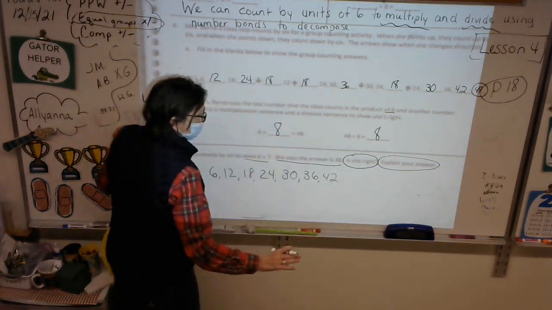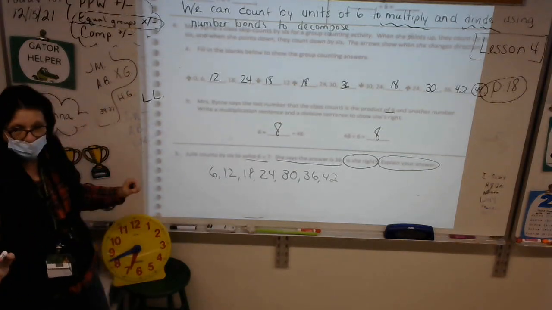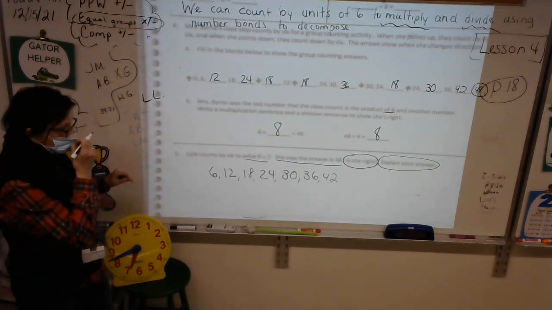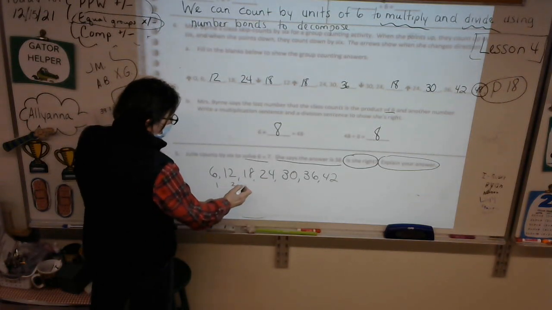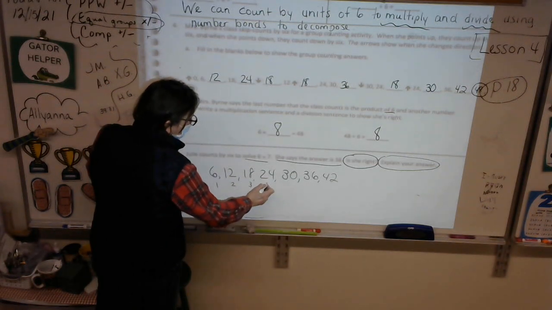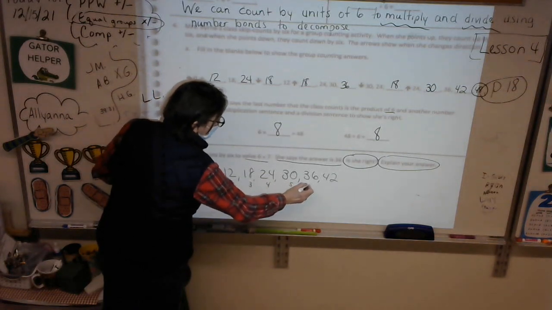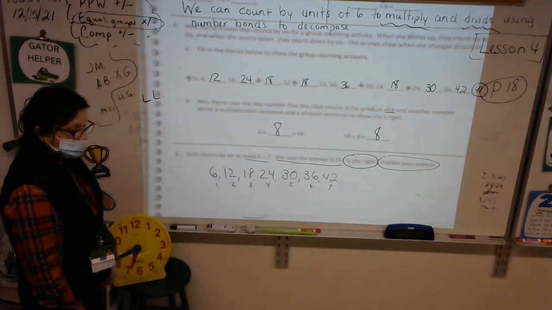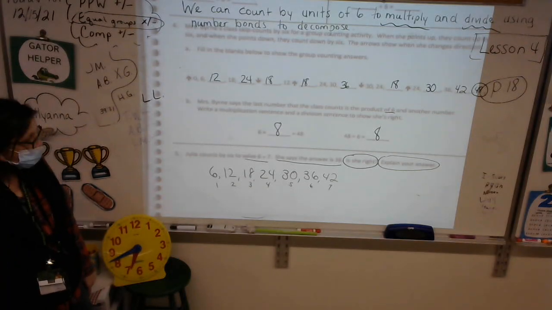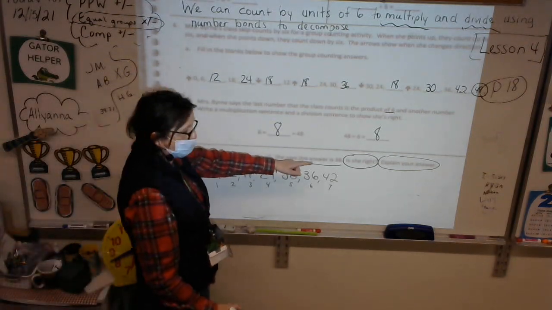I'm going to just stop because I have no idea how many sixes I counted. I should have been using my fingers. So now I'm going to count underneath there. 1, 2, 3, 4, 5, 6, 7. So I did count 7 sixes, but I did not get 36, did I?